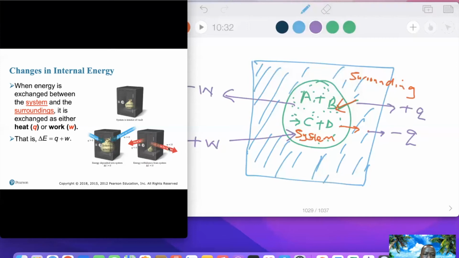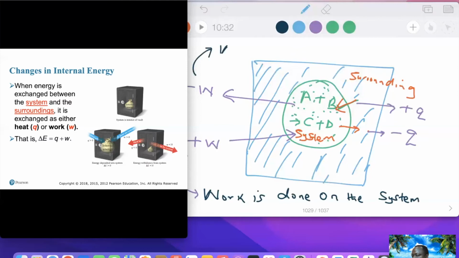You look at here, work is done by the system. Please, this means work is done on the system, and this is work is done by the system.